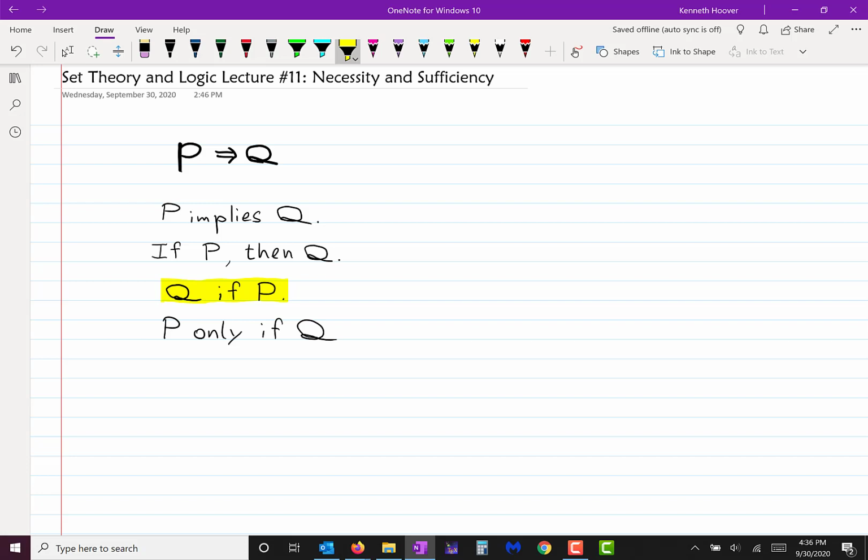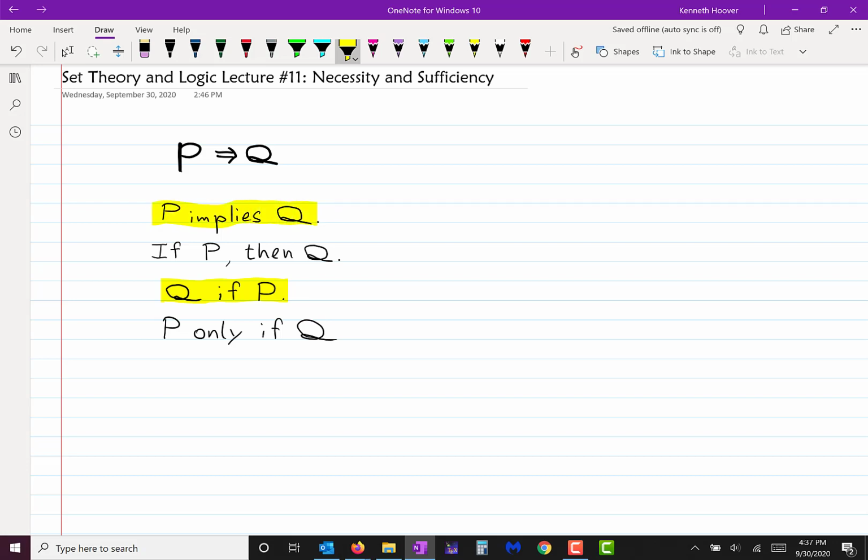Q if P. So that means that Q is going to happen if P happens. In other words, P causes Q, which is very similar to this line right here.